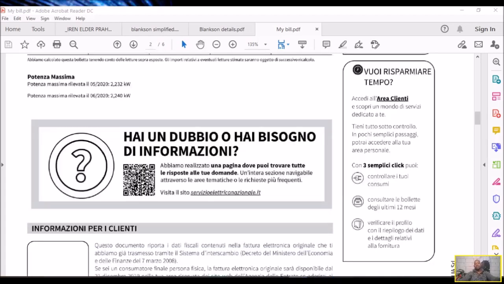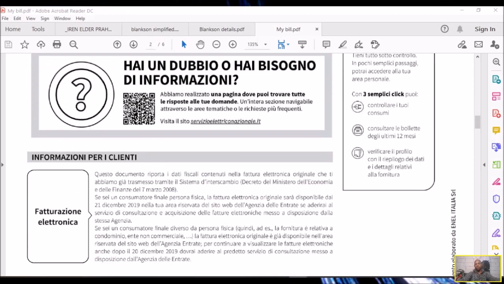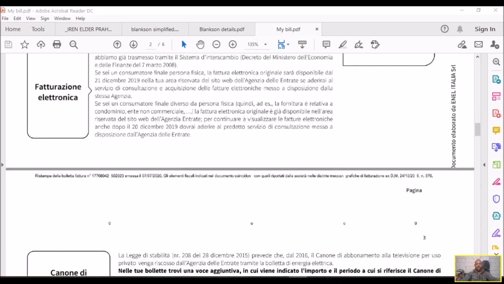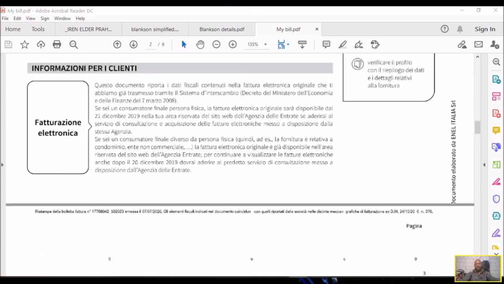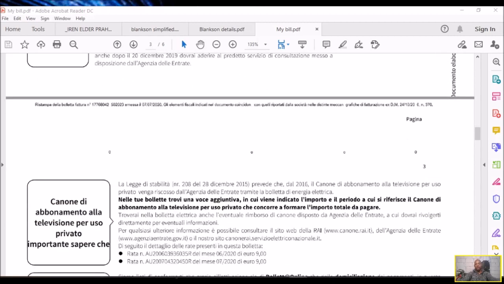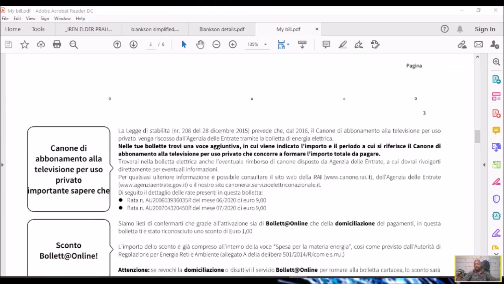On the second page of the bill, it is always important to read some of the information. It is telling you something that you have to act according to. Most of us, when we receive the bill, this part where the information is, we don't read it.